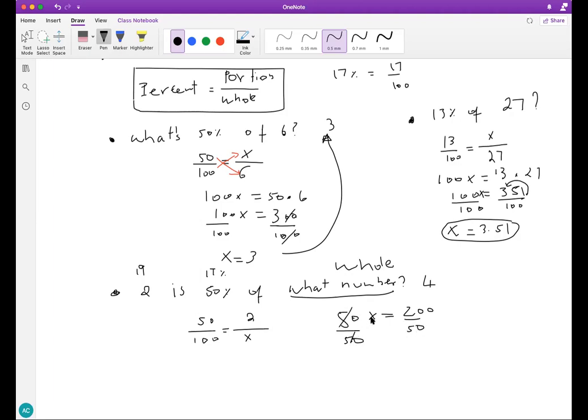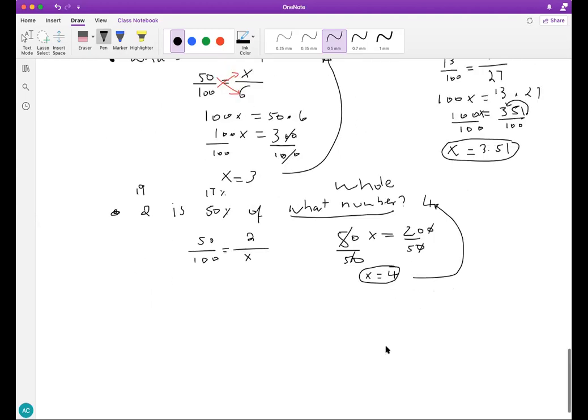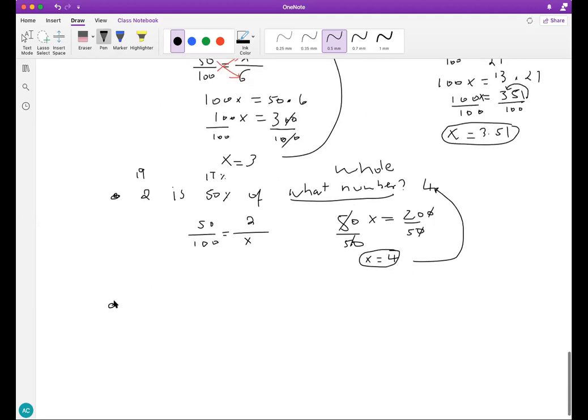Cancel that 50. We want x by itself. Then cancel the 0s. Now we have 20 divided by 5, which is 4. This is the 4 we figured out mentally earlier because it was easy with this percent.